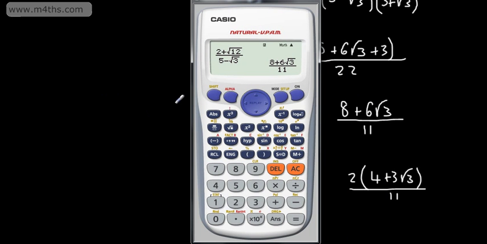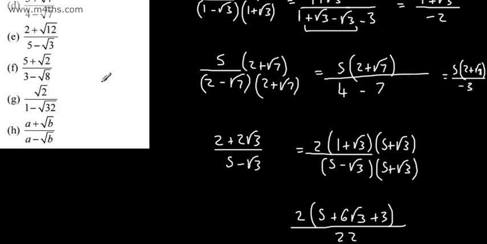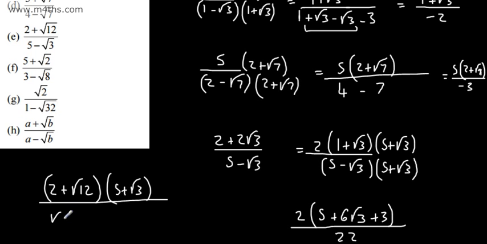You didn't necessarily need to do that. What you could have done is just multiplied this up. So if we started again, we would have 2 plus the root of 12, and we would multiply this now by 5 plus the root of 3, and that would be over now 5 minus the root of 3, and then 5 plus the root of 3.